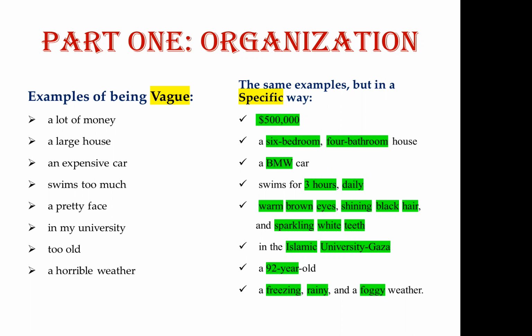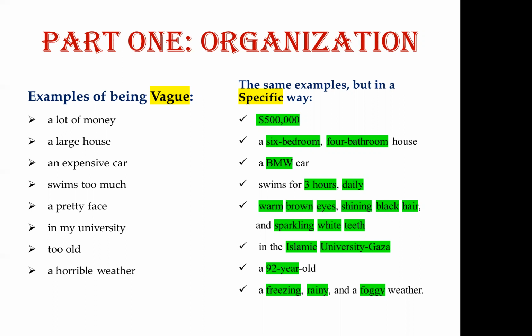A horrible weather. Any weather can be horrible. It can be hot, it can be cold, it can be maybe dry. So give some details and explain. When I say a horrible weather, I mean that it is freezing, rainy, and foggy weather. So I don't mean it is hot, and I don't mean it is dry.